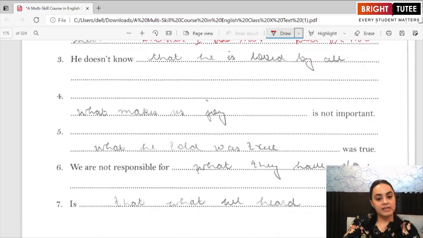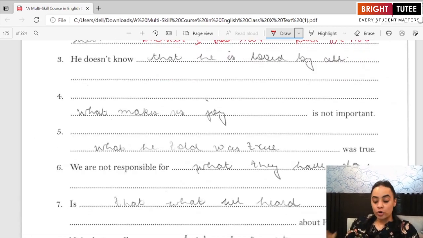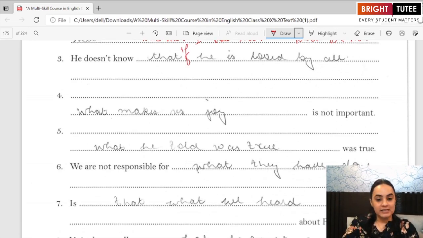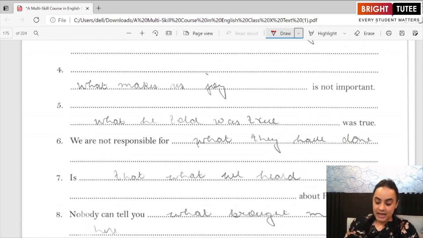The third sentence, he does not know that he is loved by all, or he does not know if he is loved by all. Okay. The fourth sentence, look at it. Dash is not important. What makes us joyful, what makes us happy is not important.